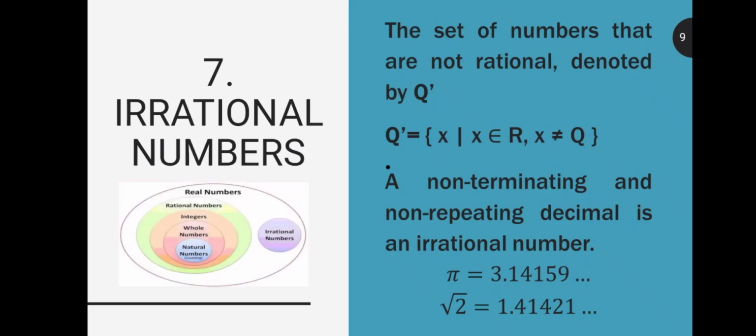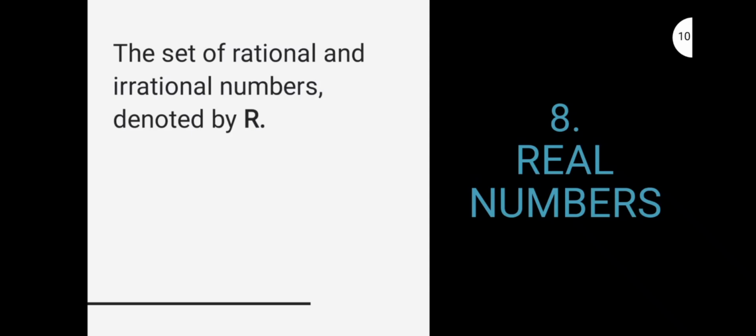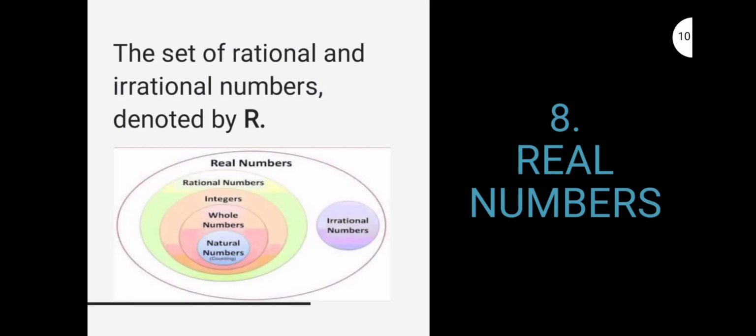If you look at the chart here, we have the irrational numbers on one side and the rational numbers on the other. And these are both included in the set called the real numbers. Real numbers are the set of rational and irrational numbers denoted by R. So real numbers are literally all the numbers that you could think of.